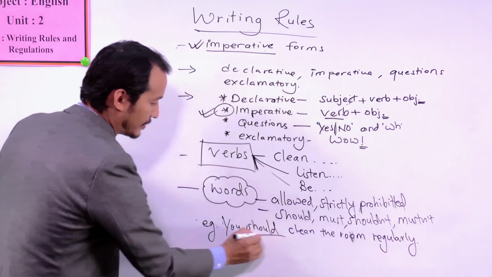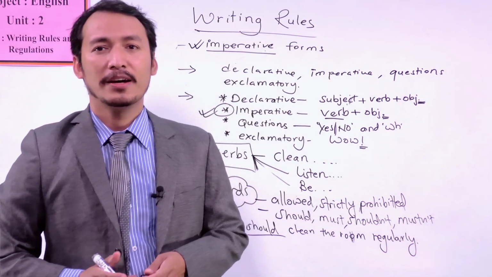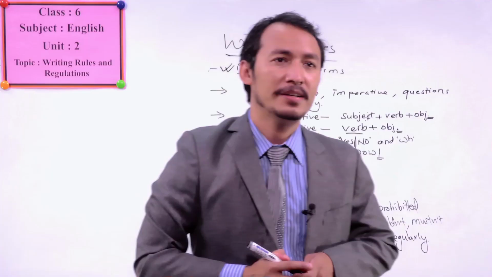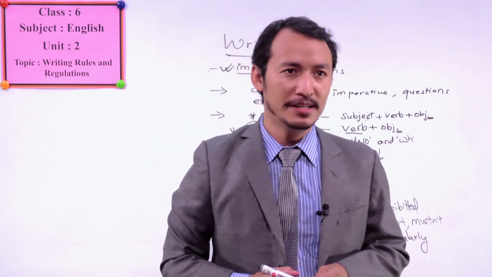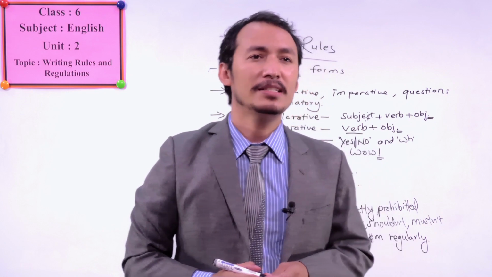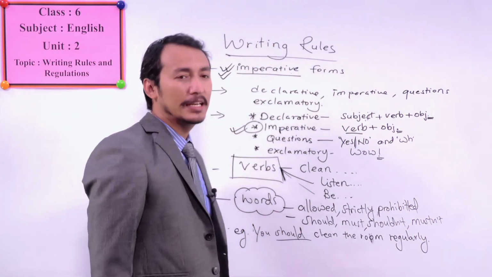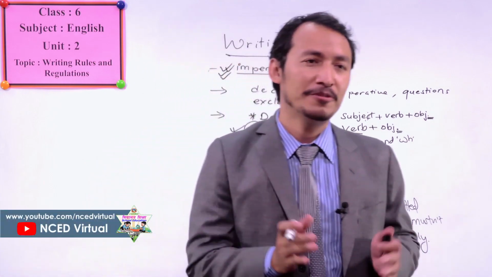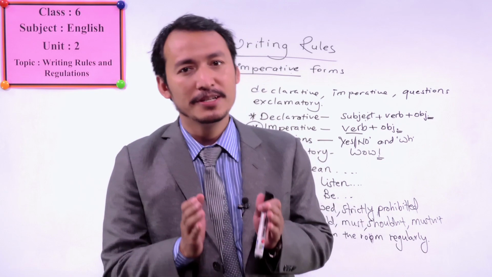Likewise, this word should makes your sentence a rule. Okay, students, now that is another idea for writing rules. But if you find it difficult for your level, you can simply follow the imperative type of sentence. As I said earlier, we have to write the verb at the beginning of our sentence.